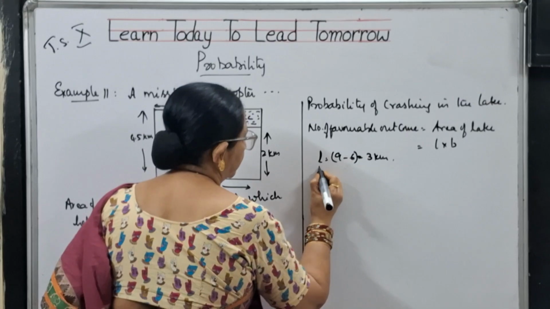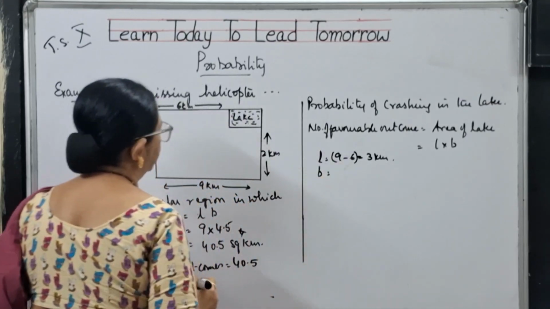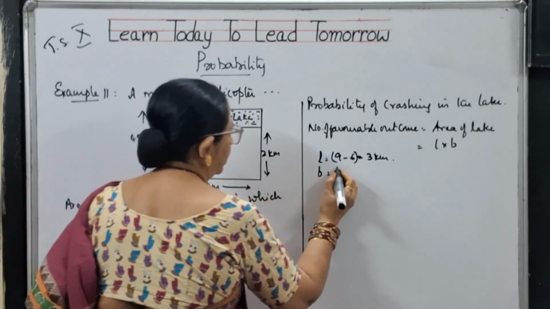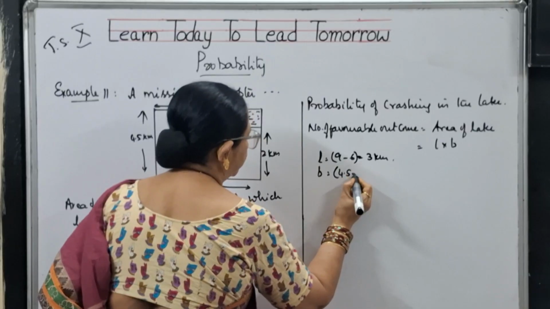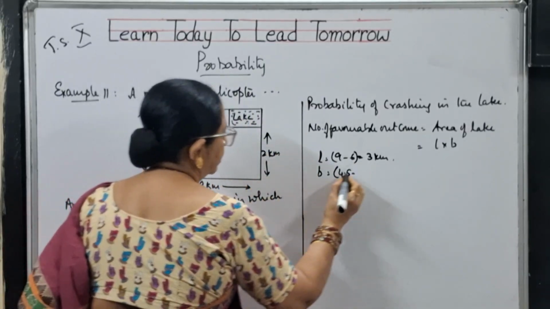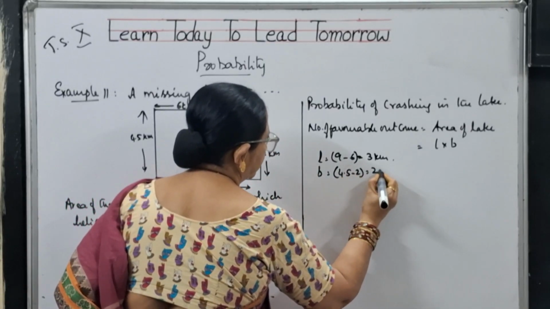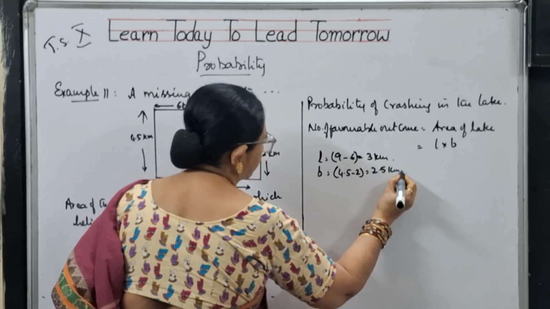And breadth: totally it is 4.5, minus from here to here it is 2, so I am getting 2.5 kilometers.